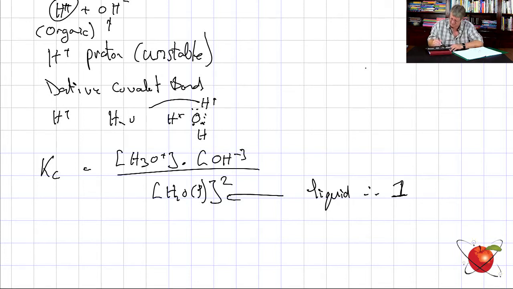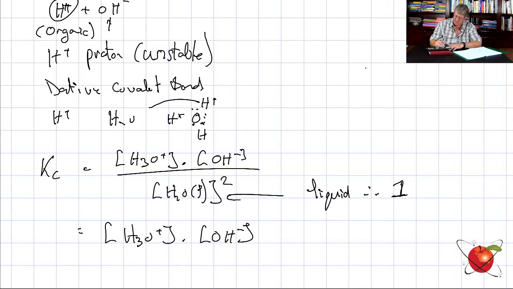Which means essentially it becomes the concentration of H3O plus multiplied by the concentration of OH minus. And we call that Kw, W standing for water. So water, I suppose stretching it to say it's dissolved in itself, it's ionized in itself. It naturally contains an element of H3O and OH minus.